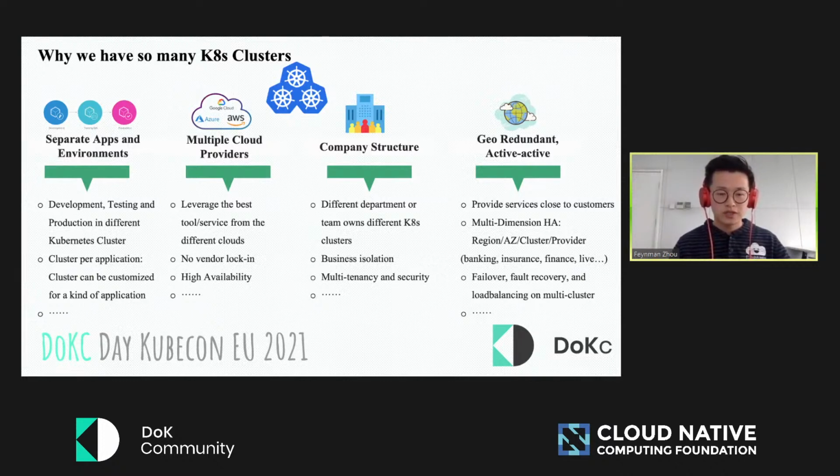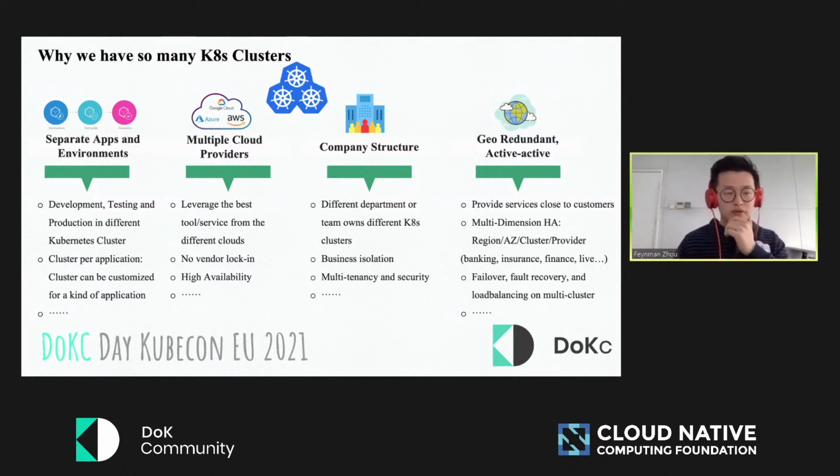So you can see from this slide, typically we have seen 4 common scenarios from our investigation. In the first case, if you want to separate applications and environments in different clusters, you have to set, for example, development, testing, and production in different Kubernetes clusters.